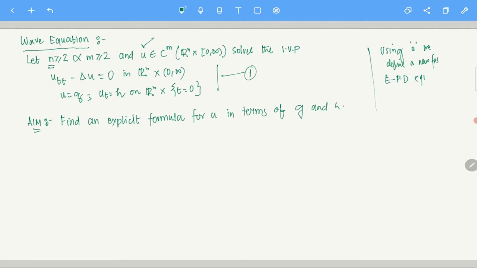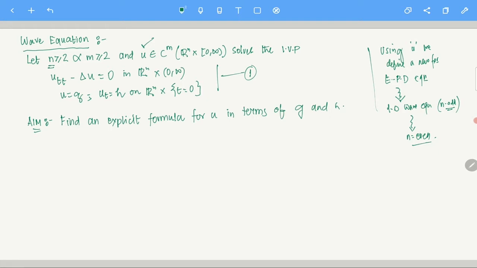Now this Euler-Poisson-Darboux equation, we can show, can be converted into a 1D wave equation for n odd. So let's say n equals 3 or 5, we can do that. After we do the odd case, via a trick we'll look at, we will solve the wave equation for the n equals even case. Clear? Okay, so let us try to do that.